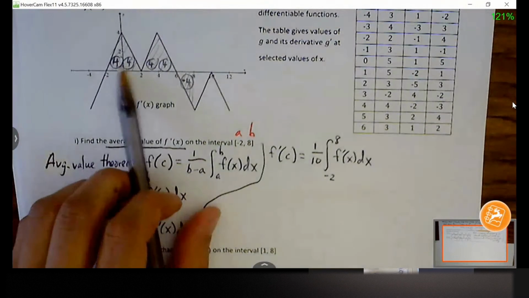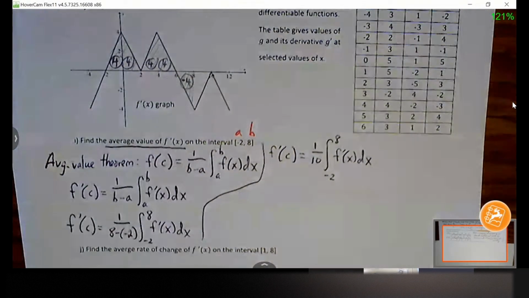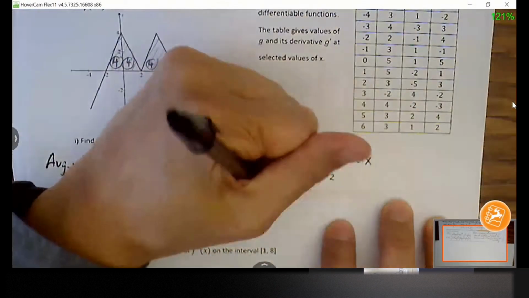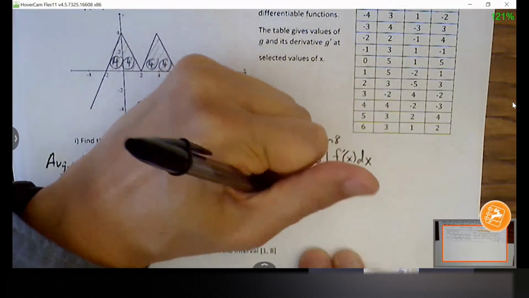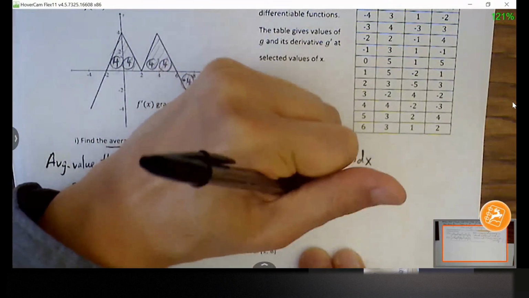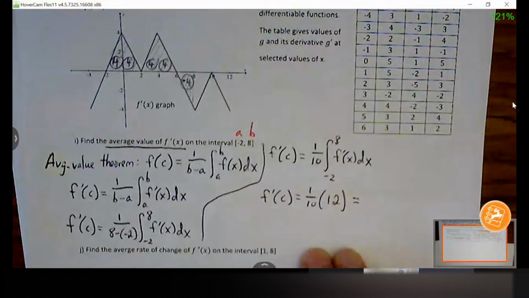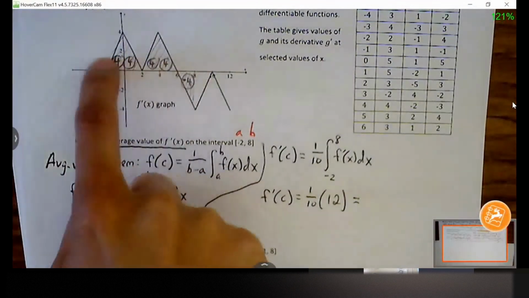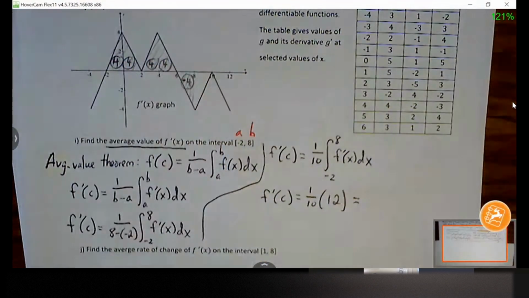Eight plus 8 is 16. 16 minus 4 is 12. So the average height amongst this region is going to be a height of 6/5.